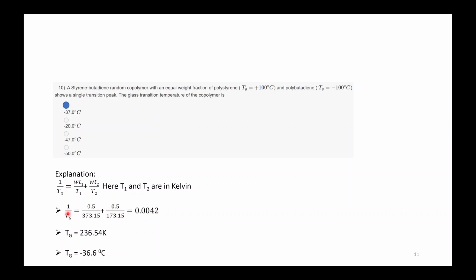So we take the inverse to get Tg, which will be 236.54 Kelvin. Then we need to get this Tg in degrees C. When we convert it, it will be around minus 36.6 degrees C, which is nearest to minus 37.0 degrees C.